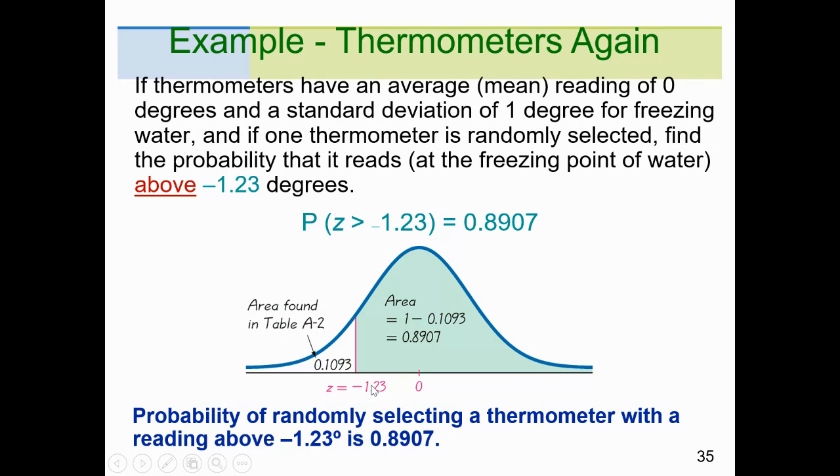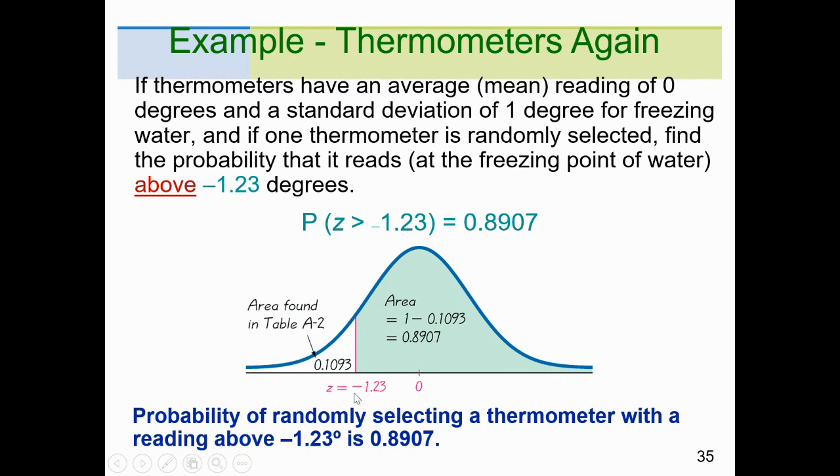Your table is a left-handed table. If I looked up a z-score of negative 1.23, it would give me the area from this vertical line to the left, but that's not what I'm looking for. I want the area on the other side. So once I found that value, if I was using my table, I would have to subtract it from 1 to find the area to the right.